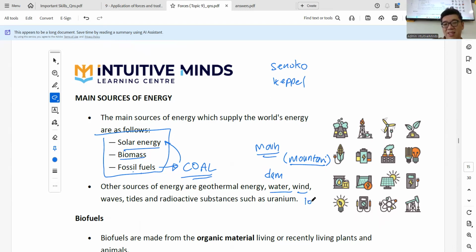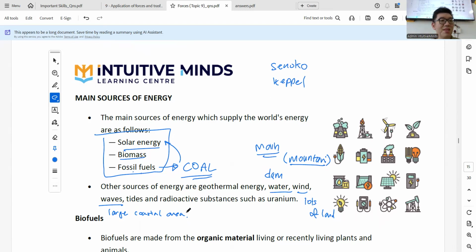Wind, you need lots of land, which we rather use to go and build something else. Waves. Now, some countries they use wave to generate power, but not in Singapore. You need a large coastal area, which we don't have. Australia got a lot lah.